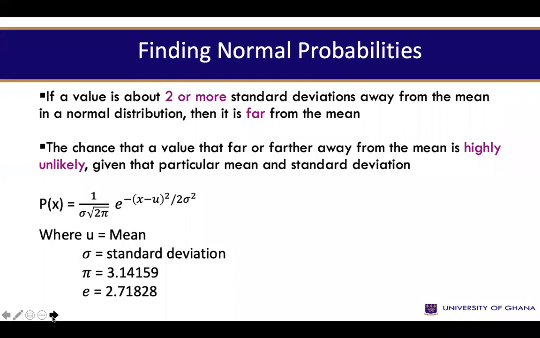So the question really is, how do we calculate probabilities given the things that we have? We have a very interesting relation that we are going to use. As you can see, the probability of x for a normal distribution is given as 1 over sigma square root of 2 pi, times e to the exponent of minus (x minus mu) squared divided by 2 sigma squared.